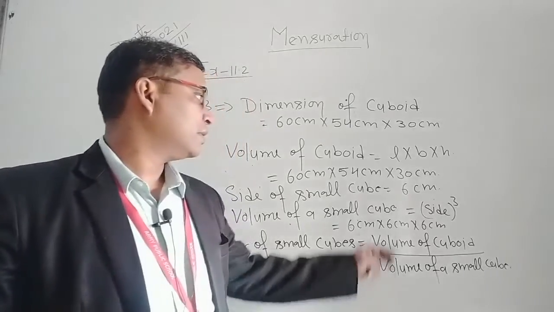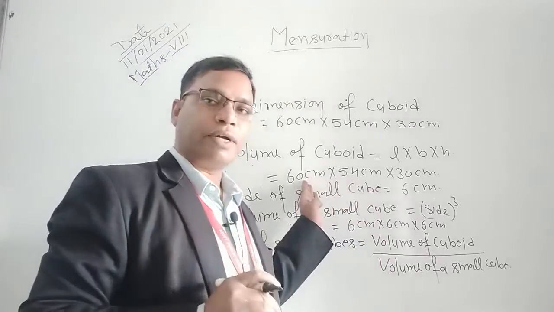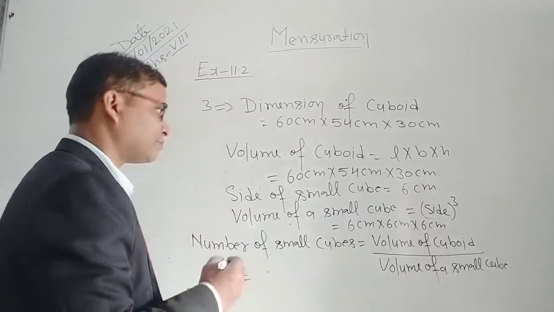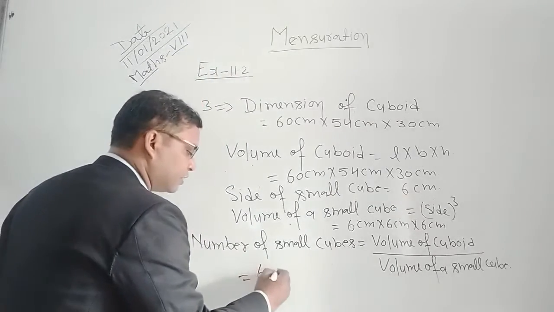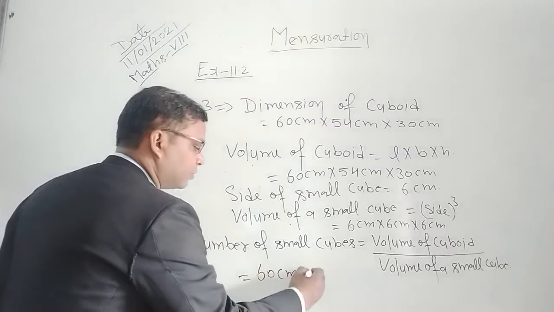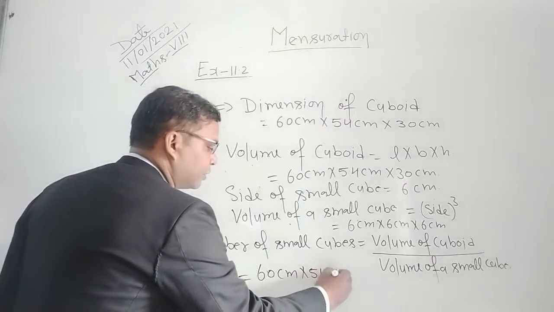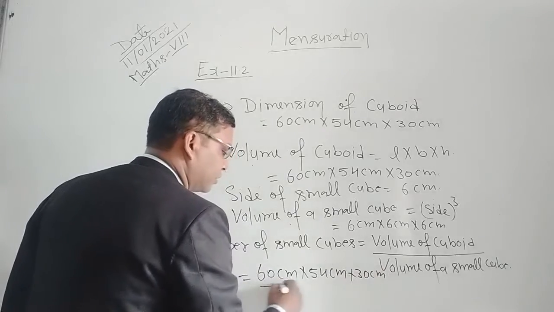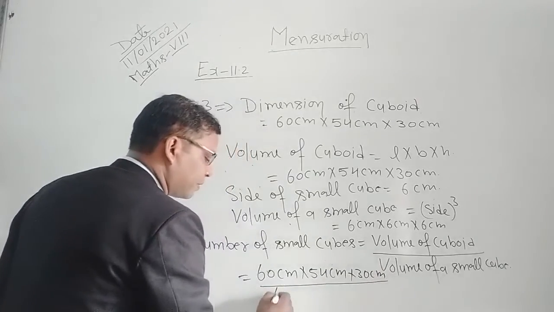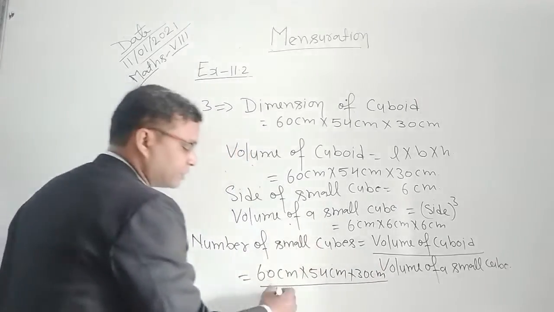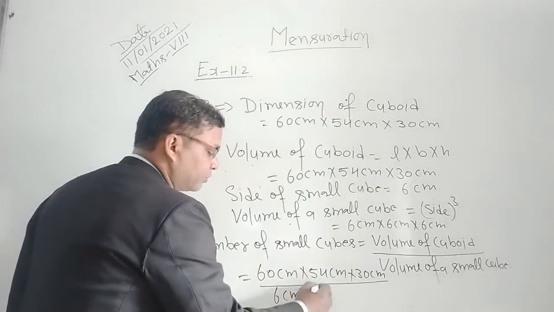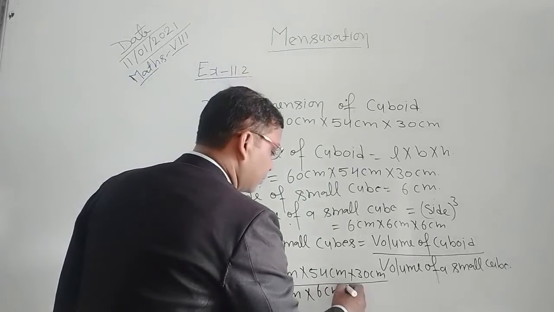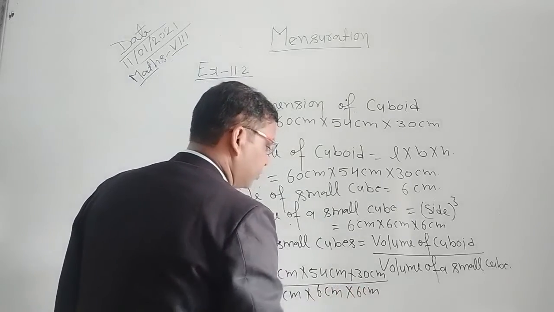Here we find 60 centimeter into 54 centimeter into 30 centimeter, divided by the volume of a small cube, 6 centimeter into 6 centimeter into 6 centimeter.